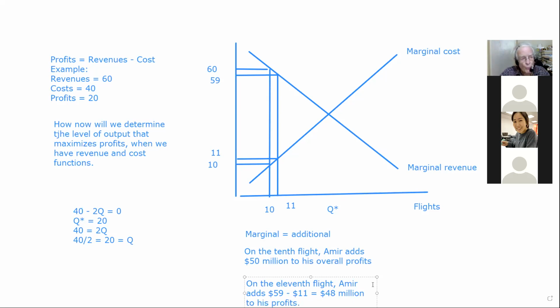So the point is that as long as marginal revenue is at least as high as marginal cost, Amir will not lose money by adding each additional flight. As long as marginal revenue is greater than marginal cost.